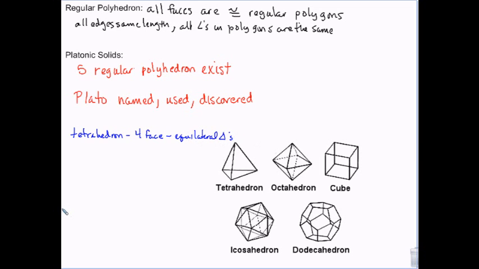Your octahedron has 8 faces that are equilateral triangles. So basically it's 2 square pyramids stuck together, top to bottom. Do you see that? You have a cube, which has 6 faces, and they're squares.